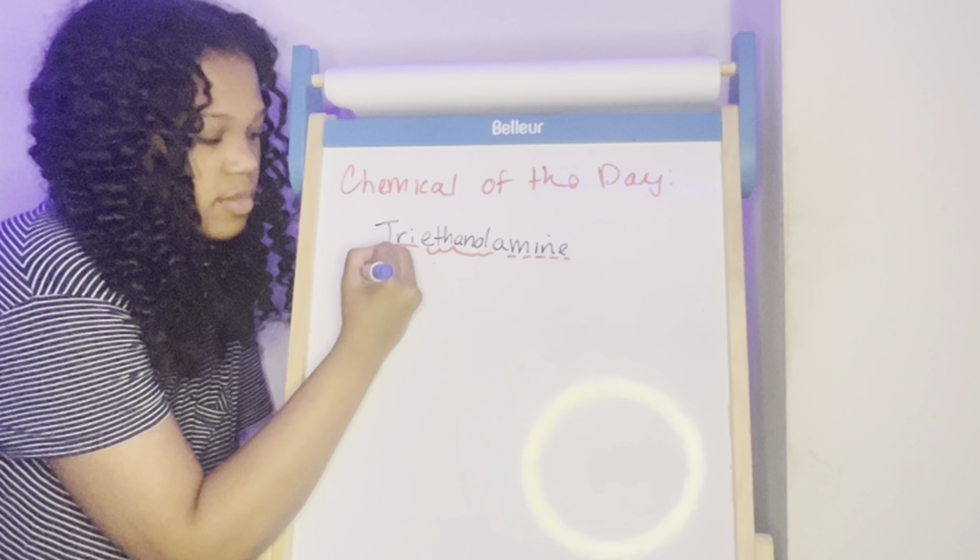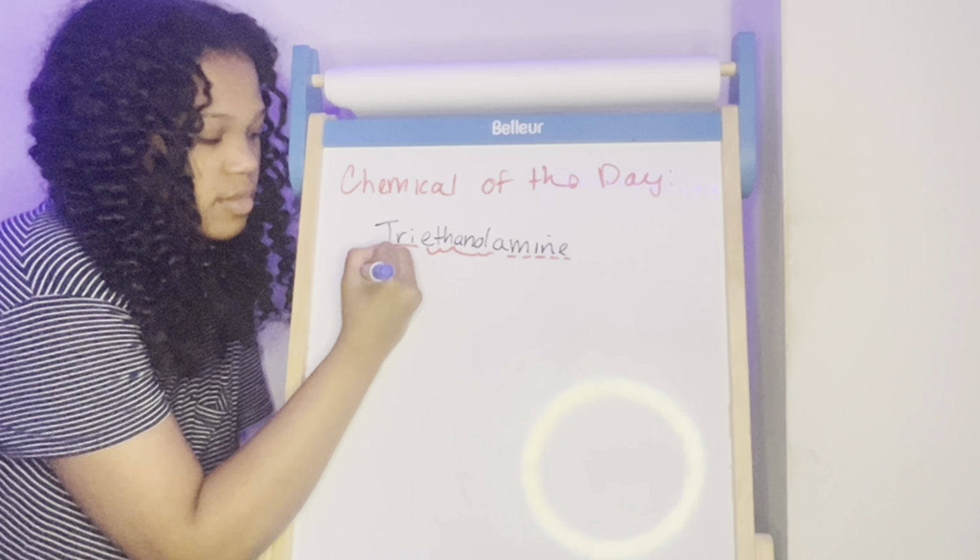All right. Mono is 1, di is 2, tri is 3, tetra is 4, penta is 5, hexa is 6, hepta is 7, octa is 8, nona is 9, deca is 10.